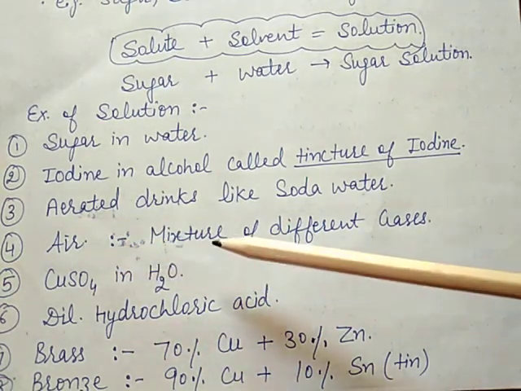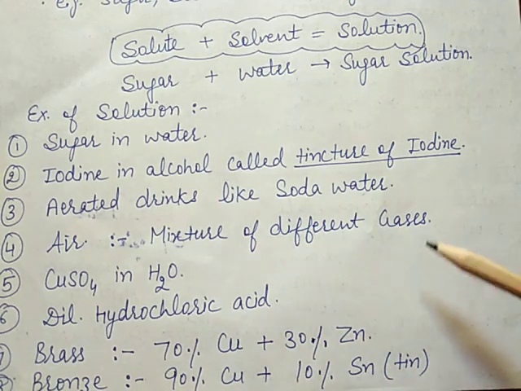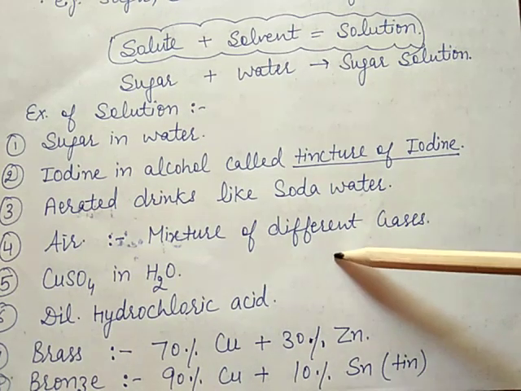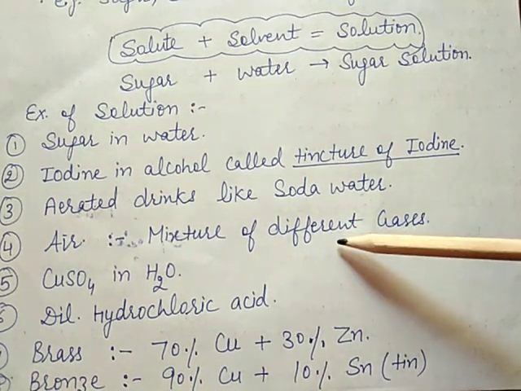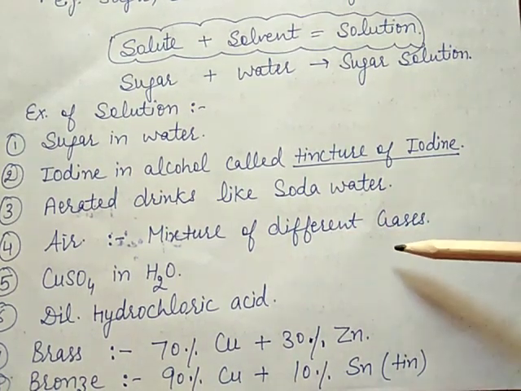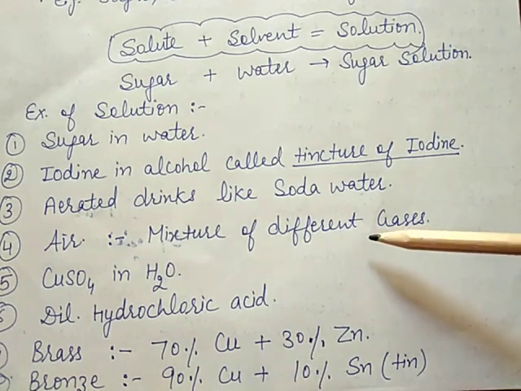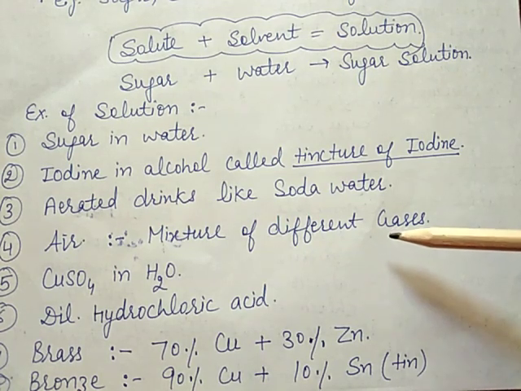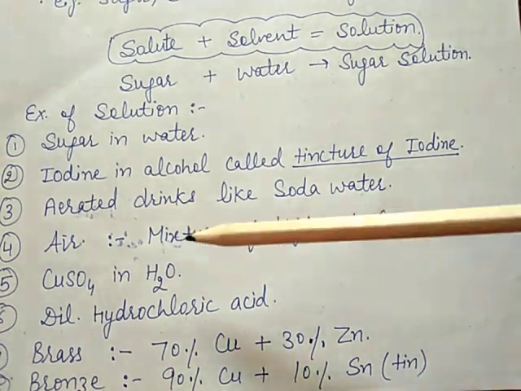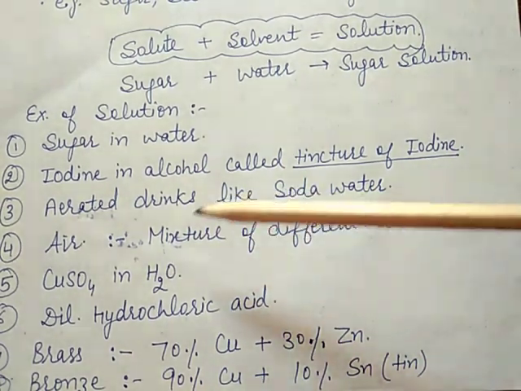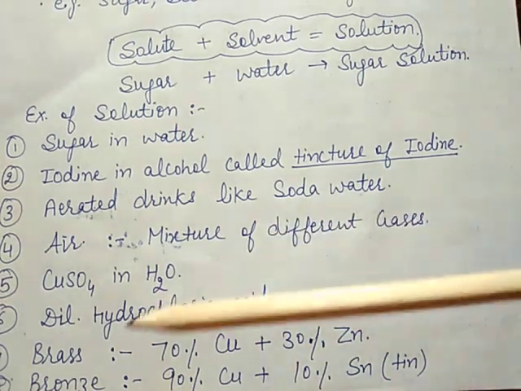Air is a homogeneous mixture of different gases. Out of these, oxygen 21% and nitrogen 78%, these are the main constituents, and other gases are also present in small ratio. So it is a solution of gas in gas. It means it is a gaseous solution.